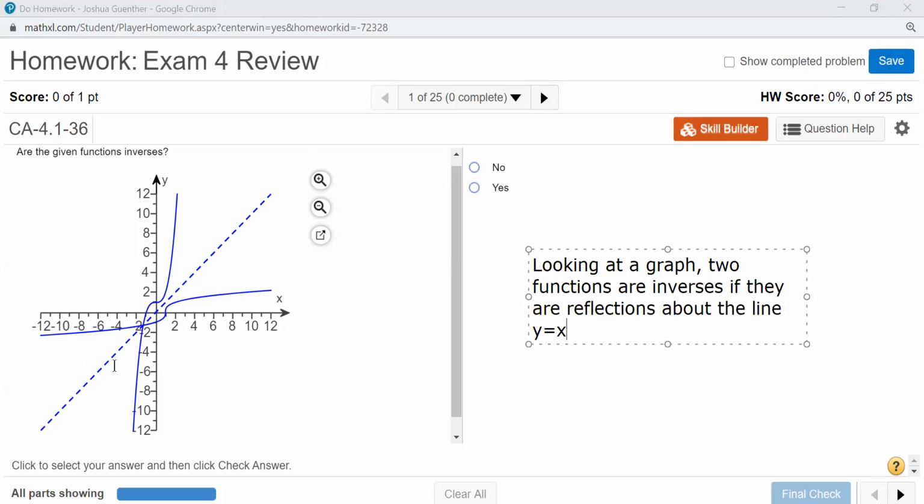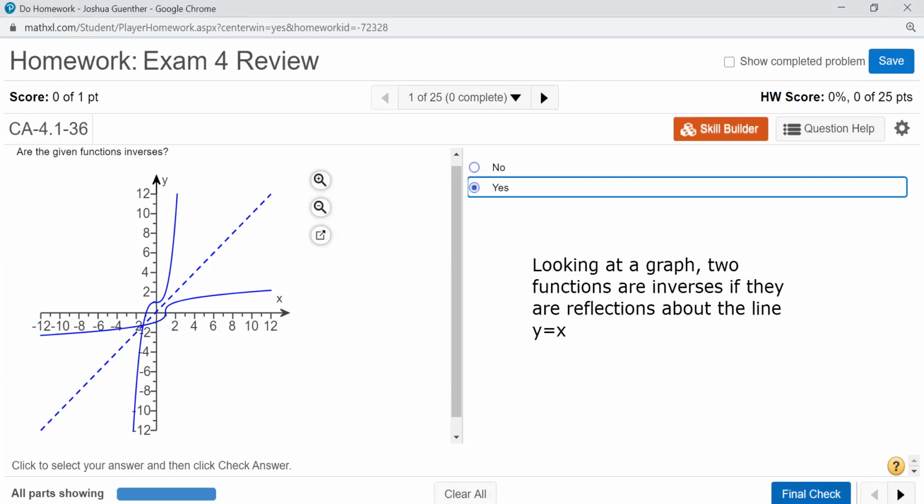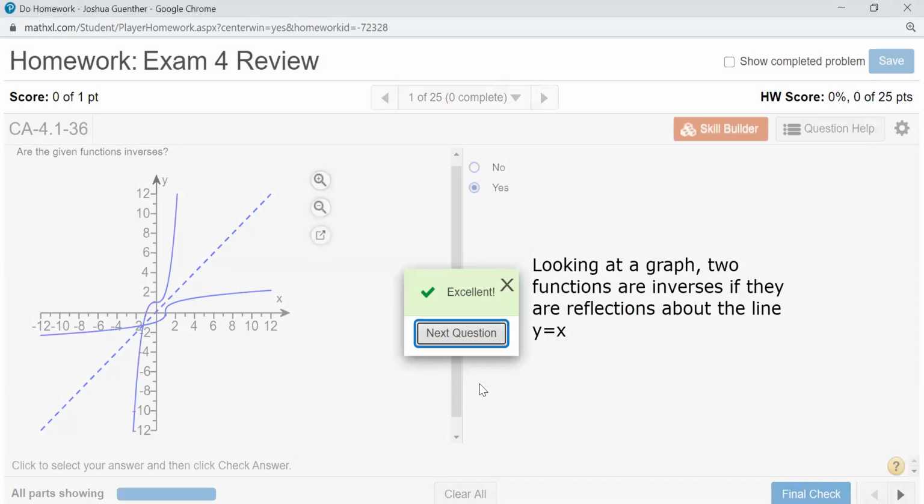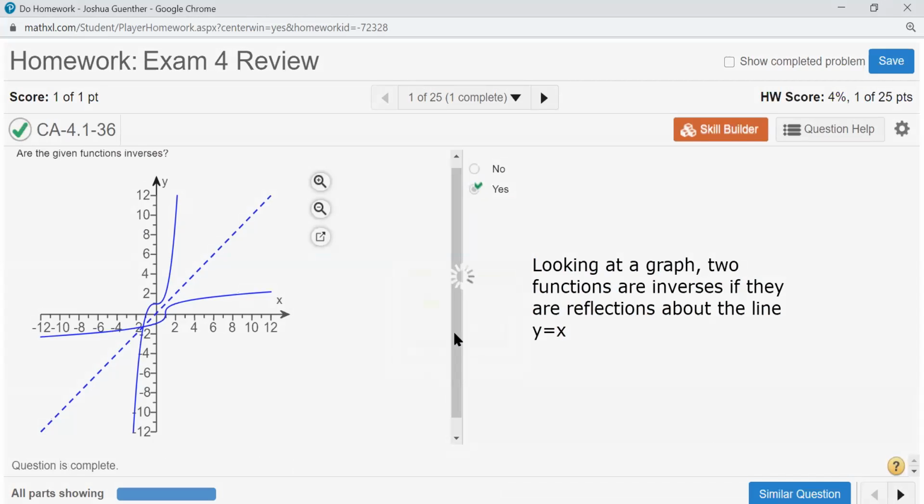And if you look at it carefully, yeah, it looks like one is a reflection about this dashed line. So I'm going to say yes. That's all there is to it on that one.